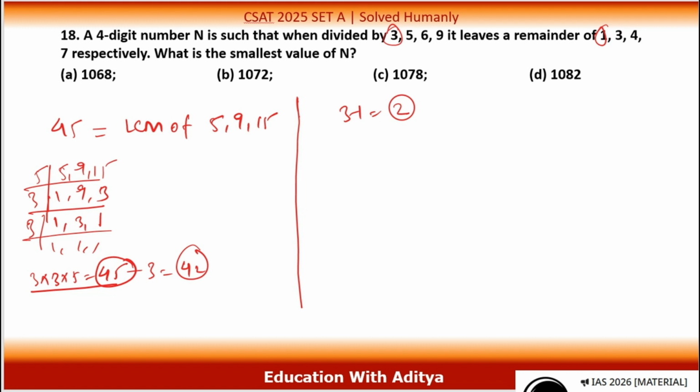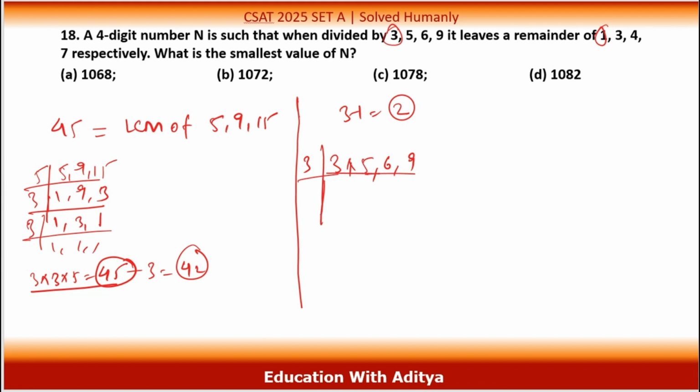To find the LCM of these, I will go 3, 5, 2, 3, and I don't think there is any more common factor, so I have to multiply them. 3 into 5 into 2 into 3, so it comes out to be 90.